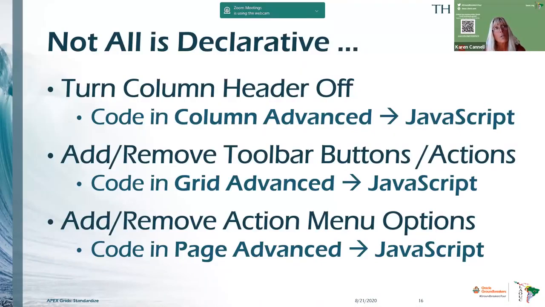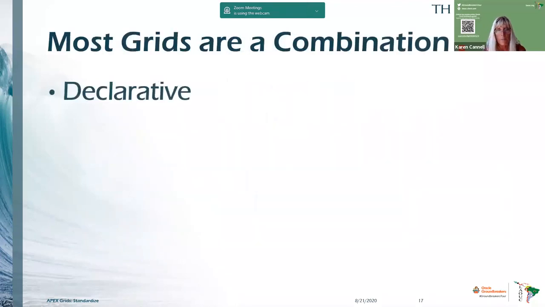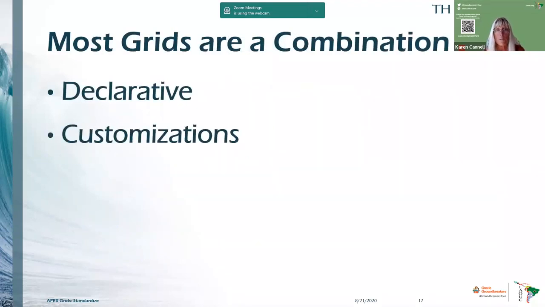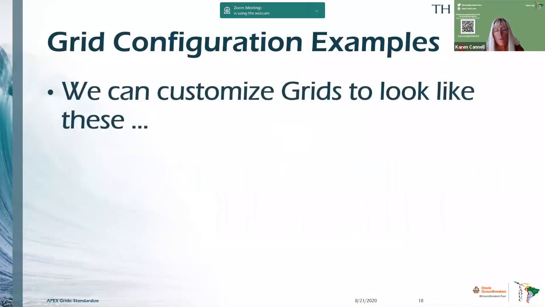And if you could write the stuff you had to write for PL/SQL arrays for doing tabular form customizations, then this stuff is going to be a piece of cake. So most grids are a combination of declarative and customizations. So, what is proper for your interactive grids, for your organization, for this application versus the second application?